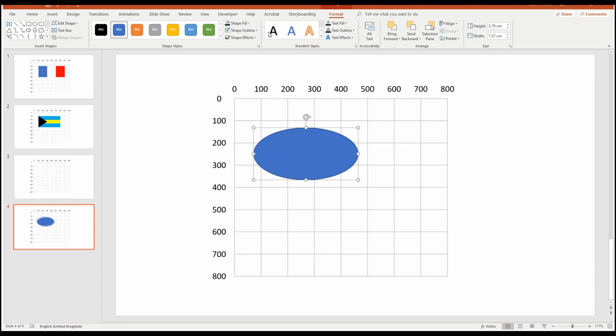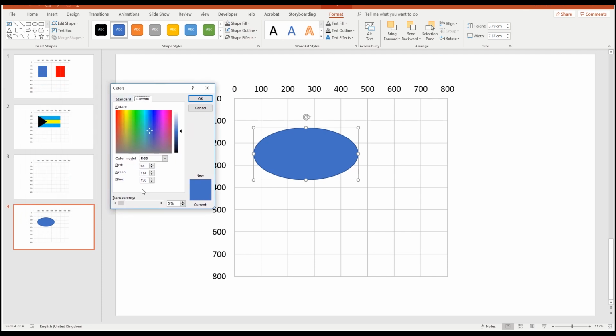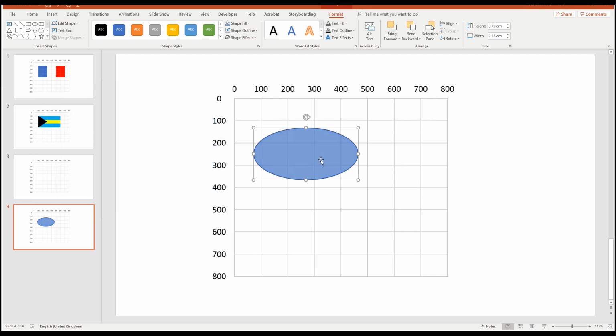So what we need to do, let me just change the fill so it is slightly transparent, just so that you can see through a little bit here. So I want you to be able to see the grid behind it, because what I'm going to do is center it over the midpoint of the grid. So this point where all the axes lines meet. So I'm going to do something like that.